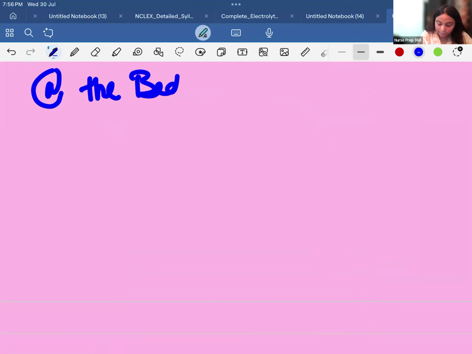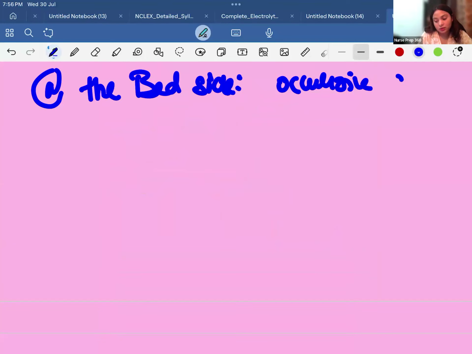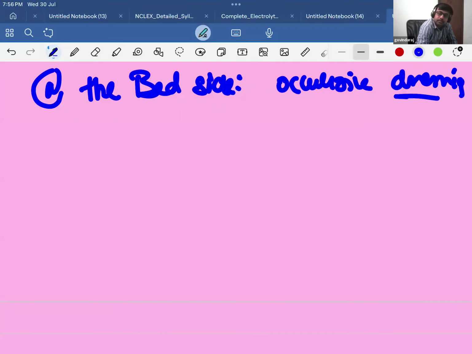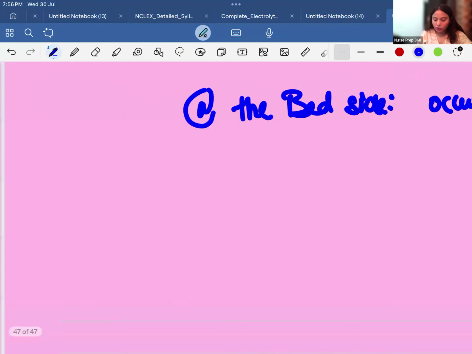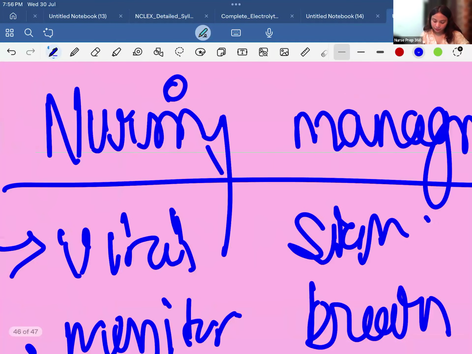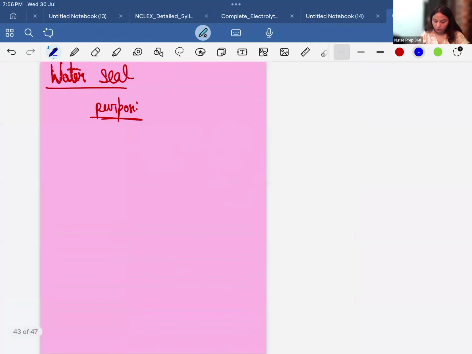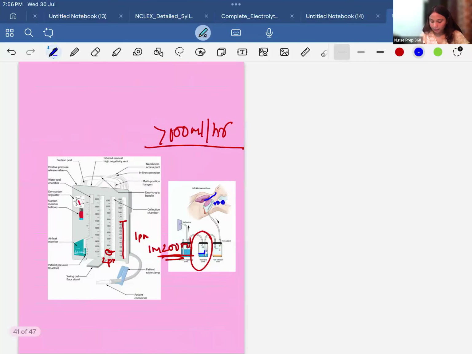Next, at the bedside, there should be occlusive dressing. And understand what is the need of this. Two things can happen.